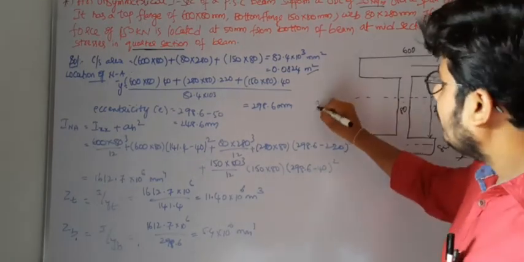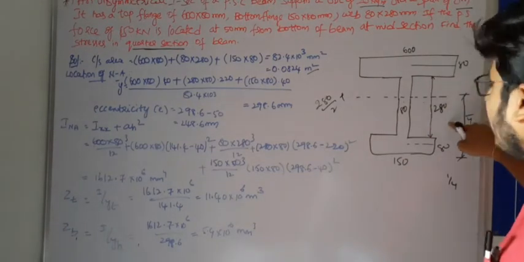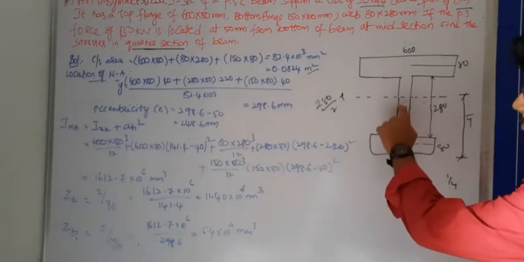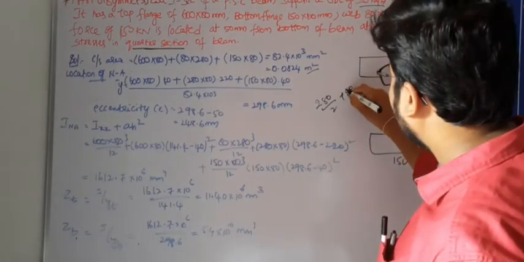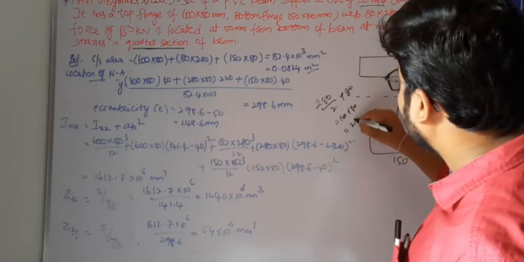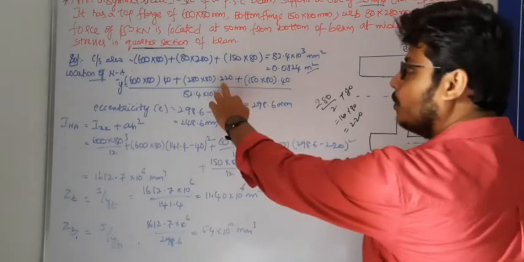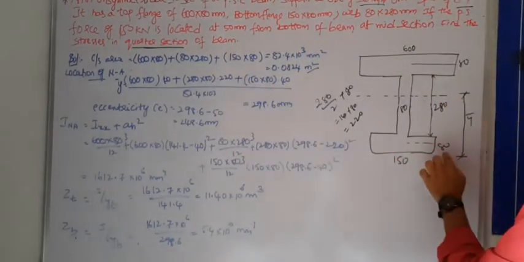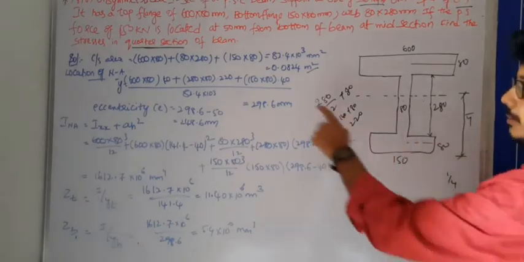This is the centroidal distance for the web. Here 280 by 2 plus 80 from the top, that is 140 plus 80, we get the value 220. Next, 150 into 80, centroidal distance 40.